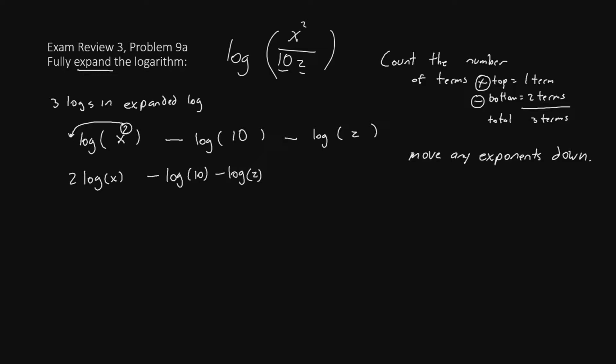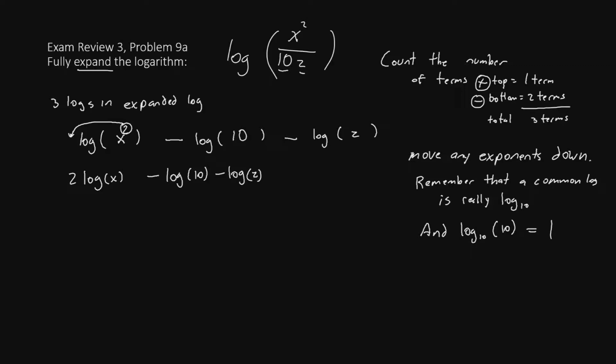Now, as far as I'm concerned, this is expanded, but there is one more way we can simplify this. We need to remember that a common log is really log base 10. And if you have log base 10 of 10, that's actually just 1.